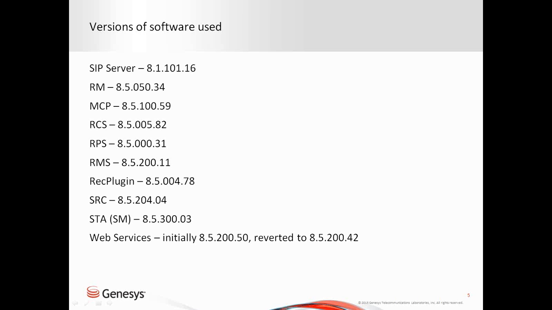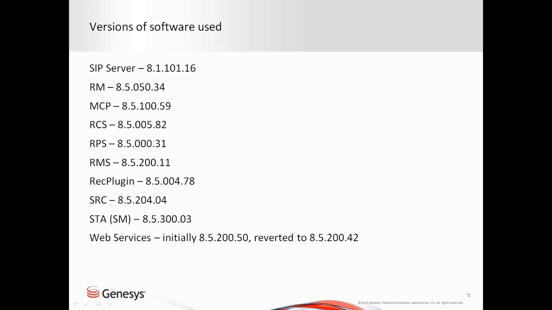The RM 8.5.050.34 was used. MCP, we're using 8.5.100.5.9. Some versions of 8.5.0 MCP had some issues with passing metadata properly to a recording processor script. But since 8.5 and above GVP are no longer under shipping control, we suggest using the versions available on the downloads website that are generally available.